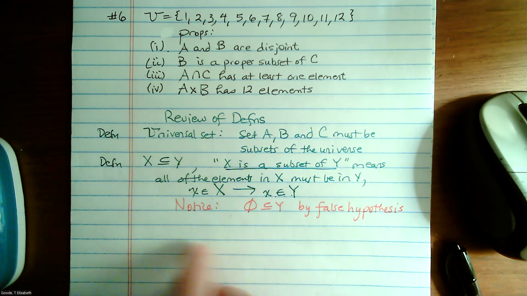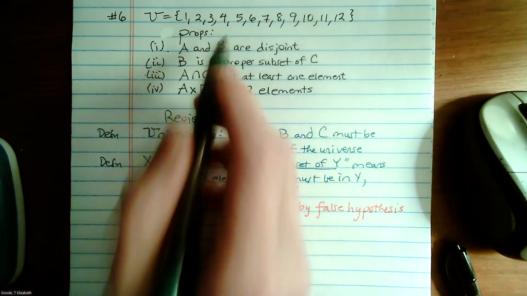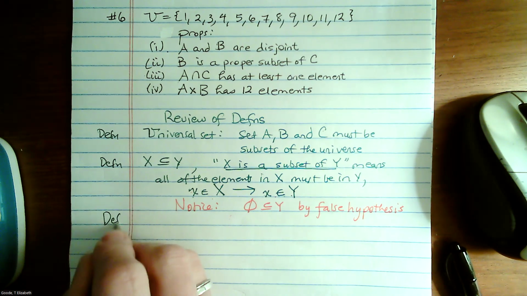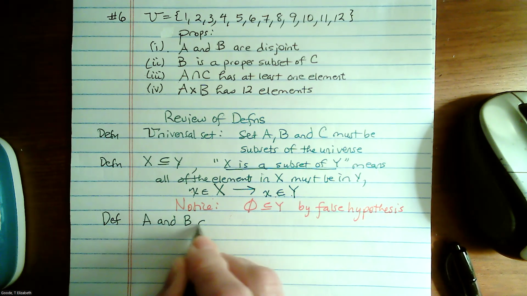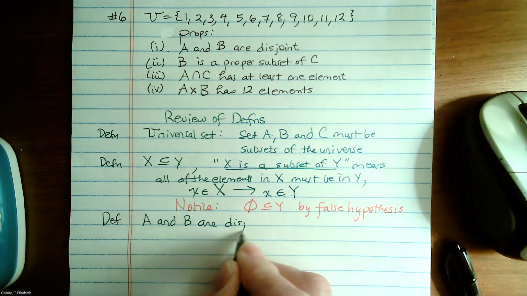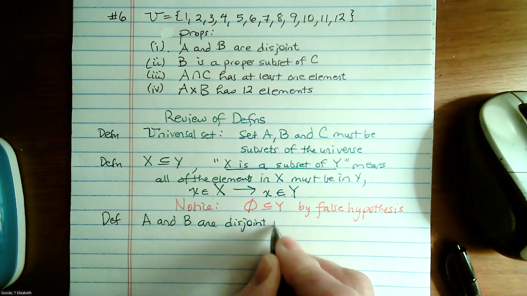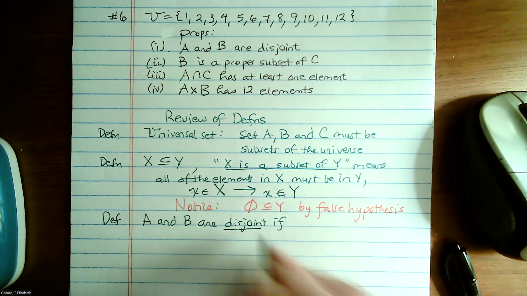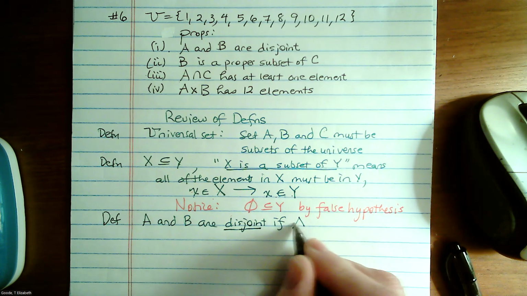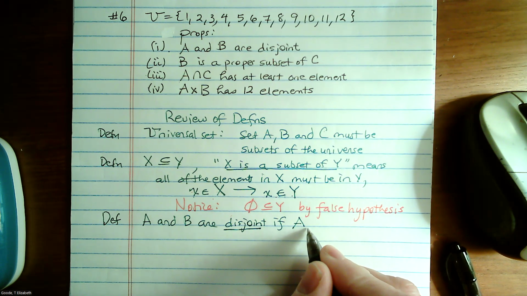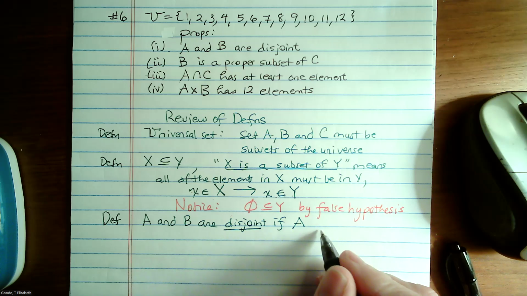Oh, okay. Now let's review just, you said you know what disjoint means, okay? So A and B are disjoint if what? I would say, not a subset of B. For sure, it's not going to be a subset of B, but there's a little more to it, but that's sure part of it.